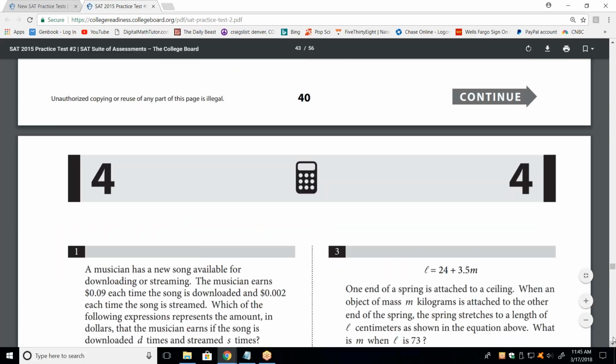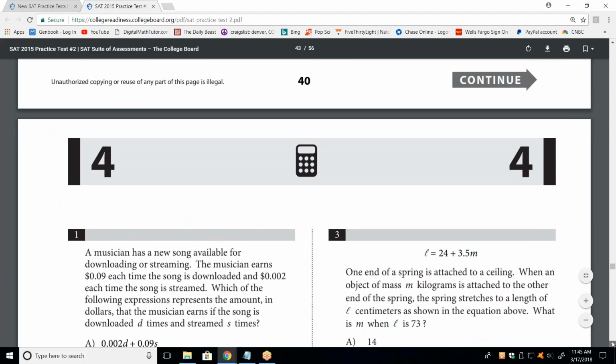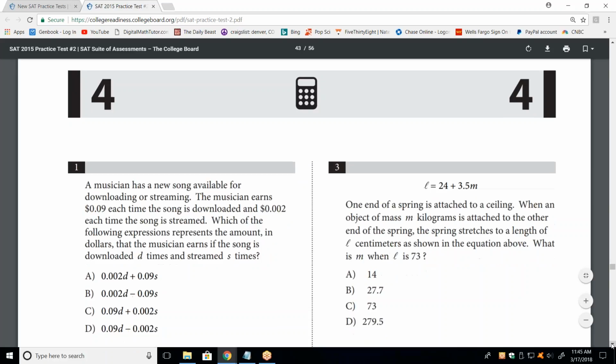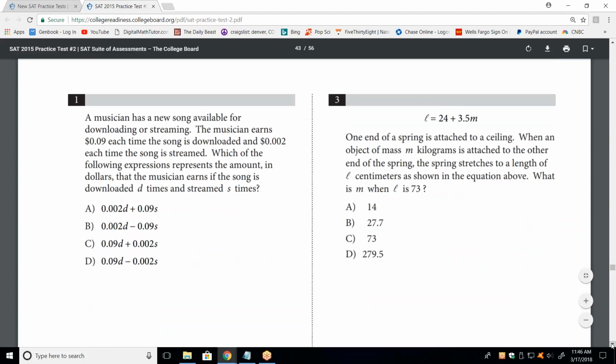We're starting at 1. Once they switch calculator or non-calculator, they start over with their numbering system. In other words, the first part of the test was 1, and this part of the test starts with 1. But when you go to the grid in, they don't. They continue numbering the same, and yet it still goes back to easy to hard.